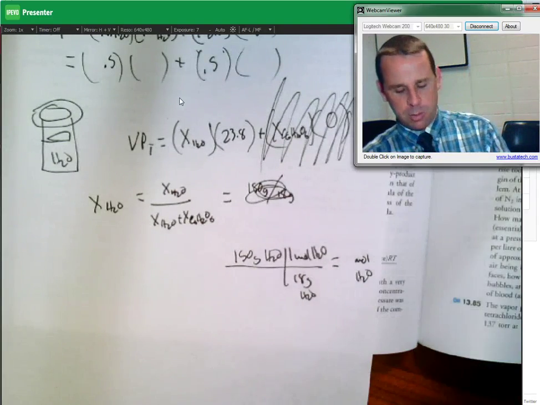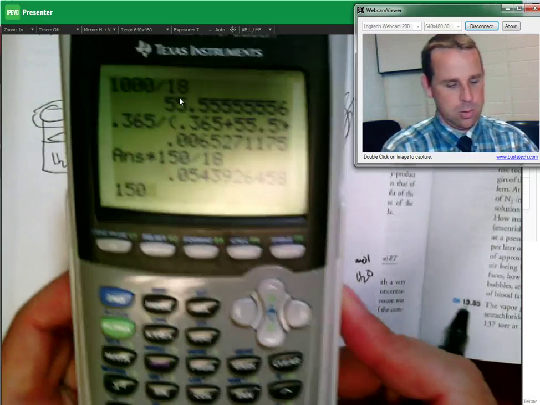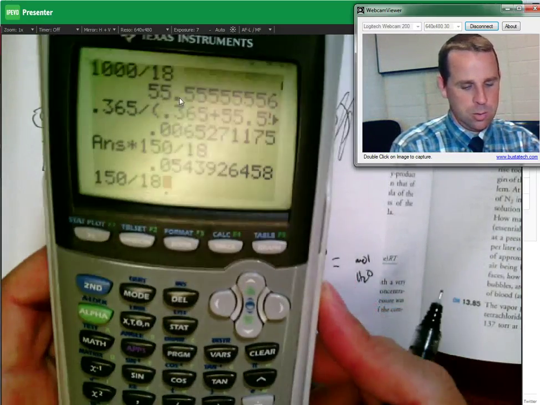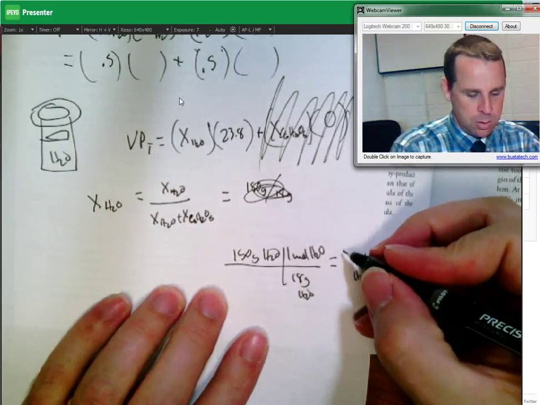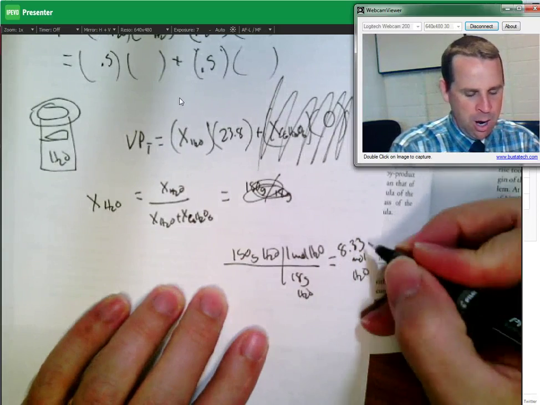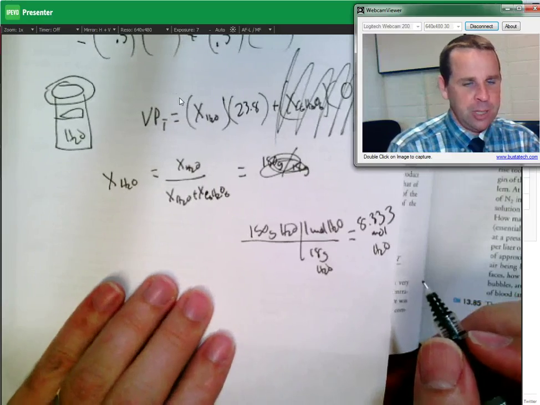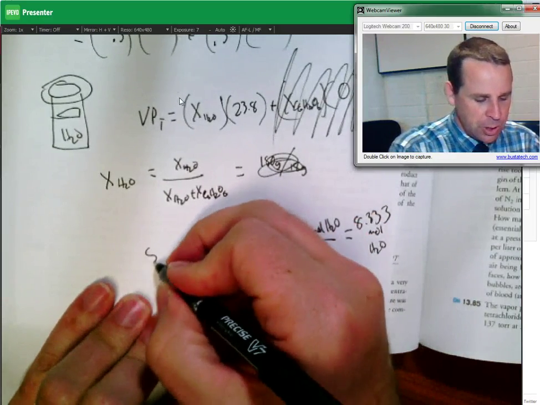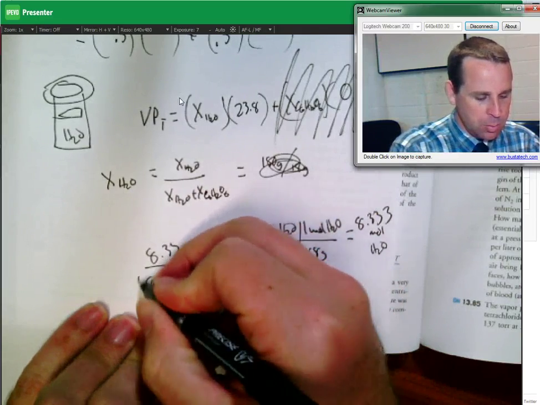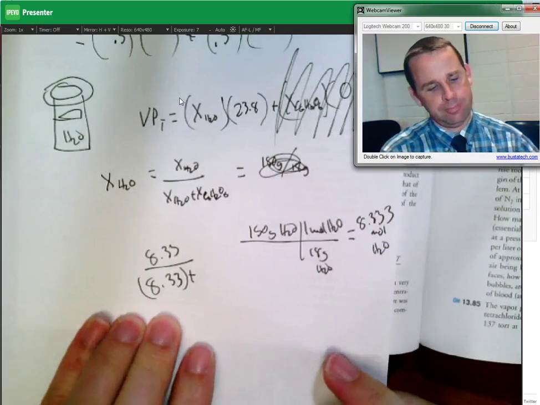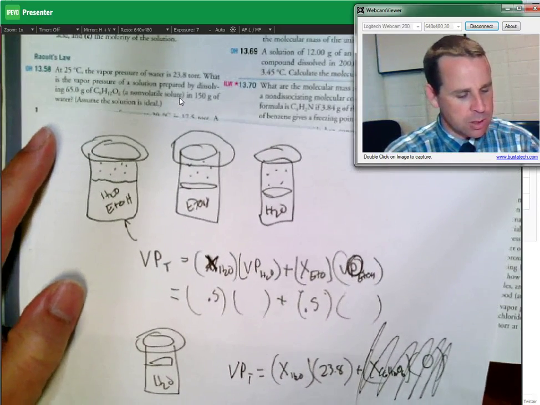So 150 divided by 18 is 8.33 moles of water. So 8.33 moles of water divided by moles total, which is moles of water plus moles of glucose. The grams of glucose was 65 grams.